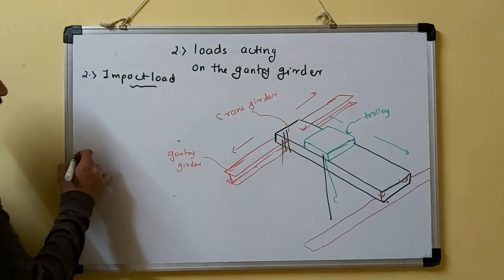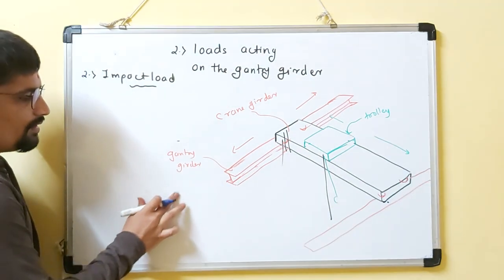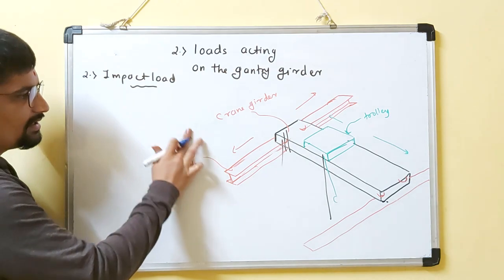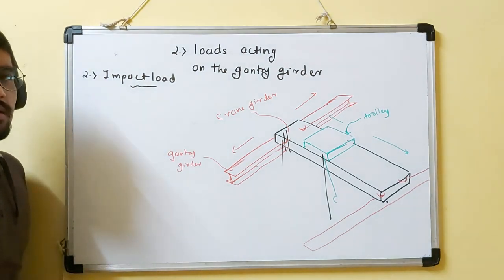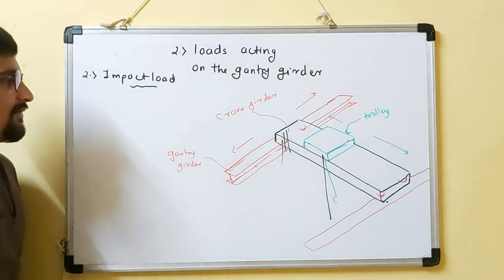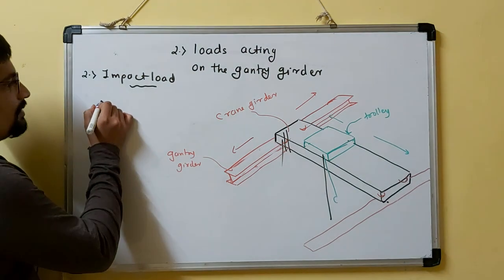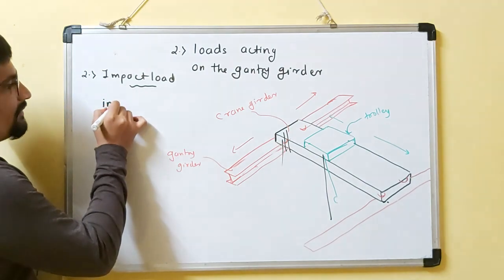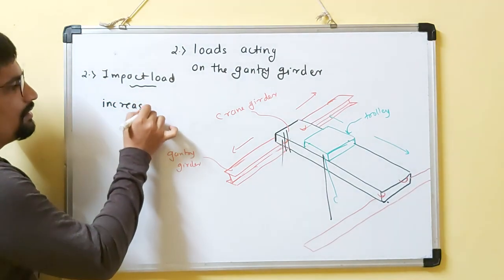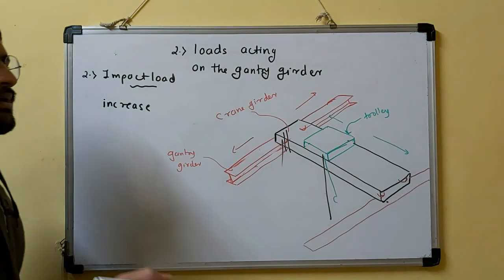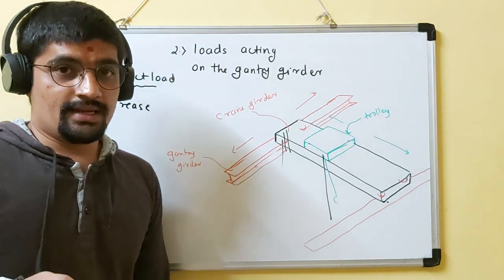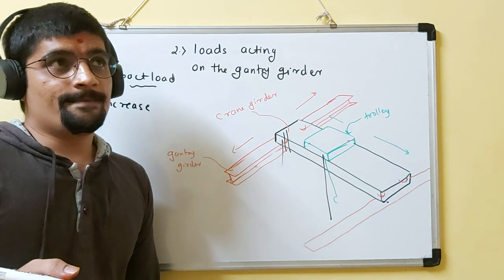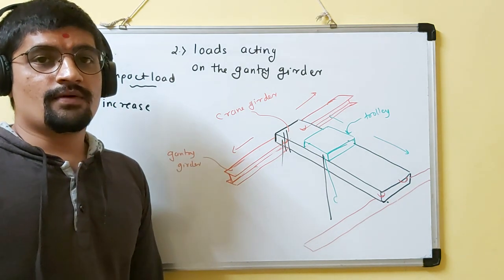So, impact load. Whenever we design the gantry girder of I section and C section, we need to increase the load by a given impact factor. Impact factor means like in limit state design, where we increase the load by a partial safety factor of 1.5 for the factor of safety.